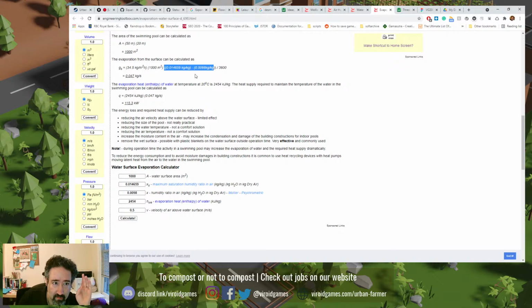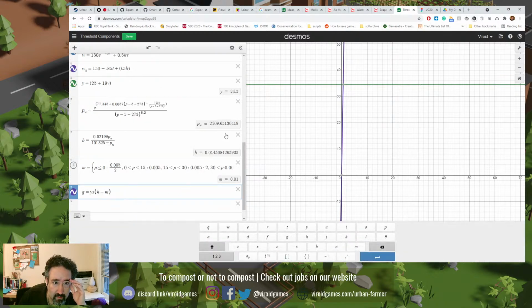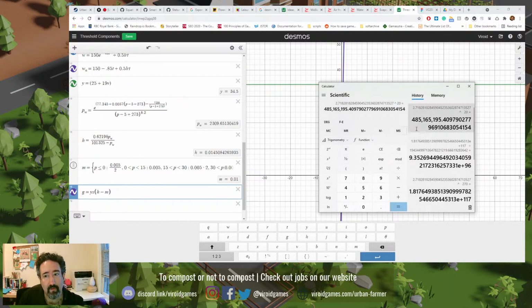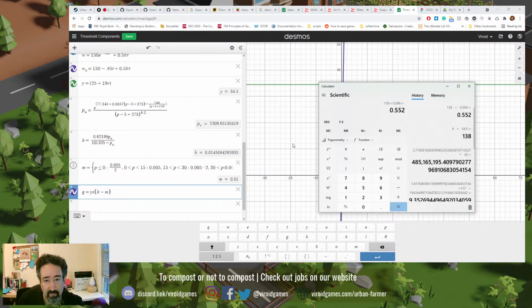Times the difference of those two things, which is h minus m, is sort of a small number. So 4 times this times a very small number is going to give you 4 times 34.5 times 0.0004, going to give you half.